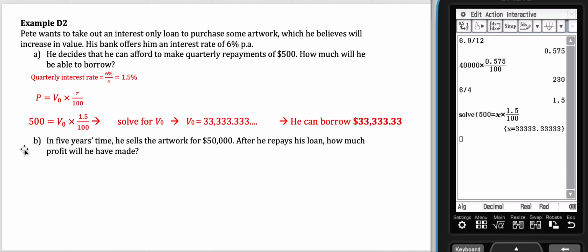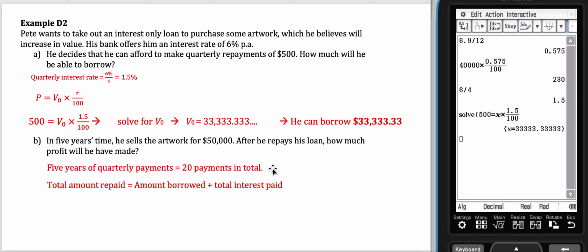First thing we have to do is work out, over 5 years, if he was making quarterly repayments on this loan, he would have made 20 payments in total, because 5 times 4 gives you 20 payments, 5 lots of 4 quarters. We knew that the payment from the question was $500, so he's really making 20 payments of $500.